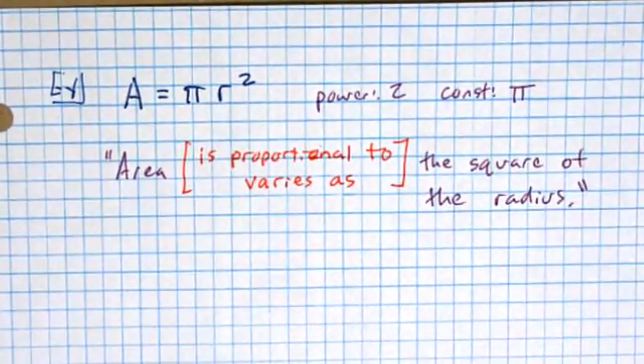The area is proportional to the square of the radius, or the area varies as the square of the radius. Both mean the same thing.